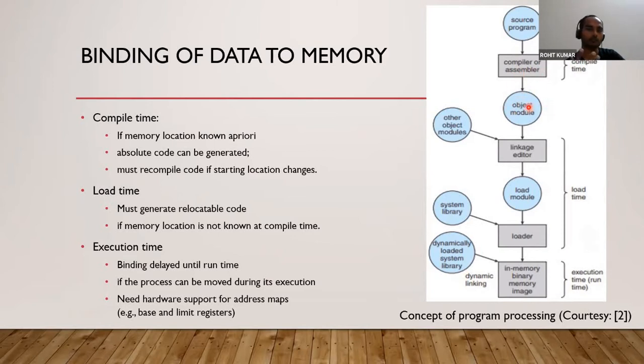Object module means the object code, like after compiling a C program, you get the .obj file. So you get some sort of object module, which is kind of relocatable code, but we will not call it relocatable because relocatable code gets generated after loading. So here it is a kind of relocatable of source only.